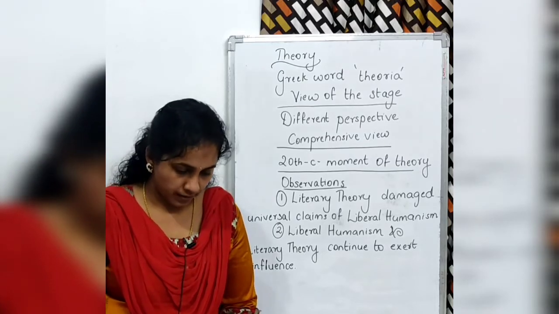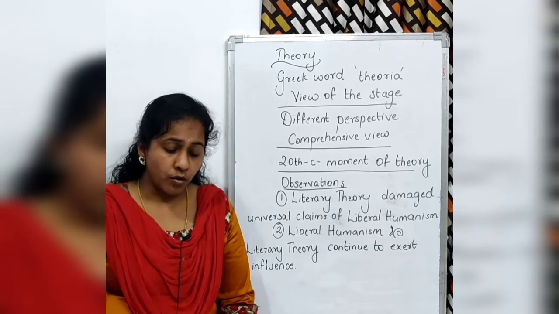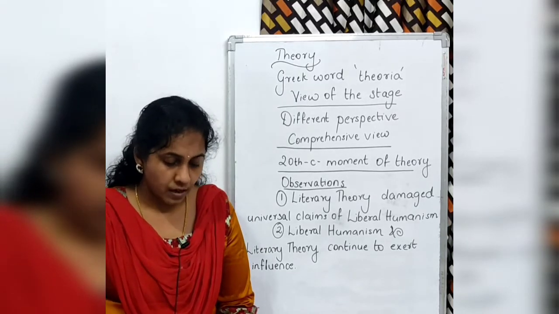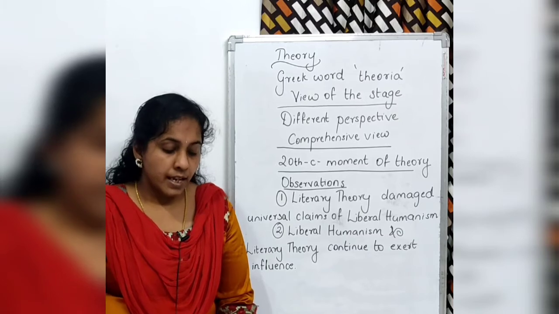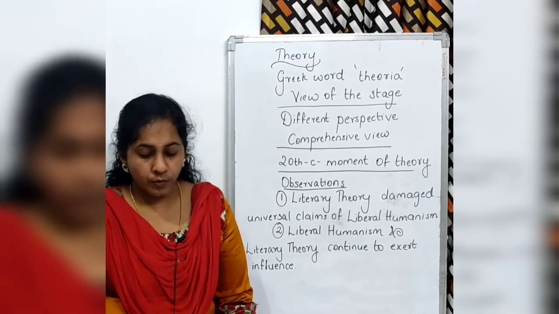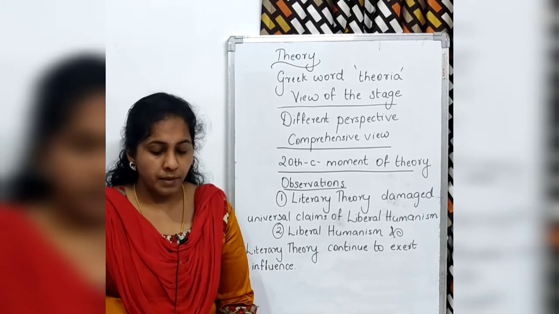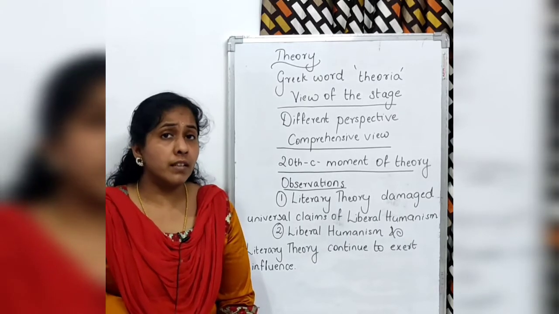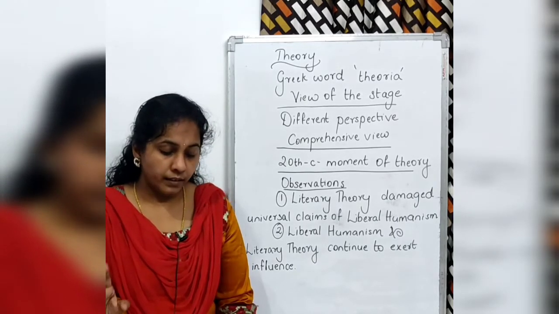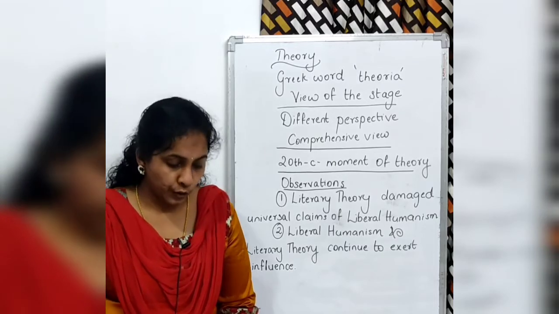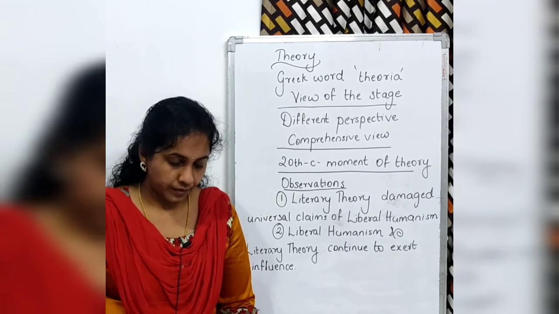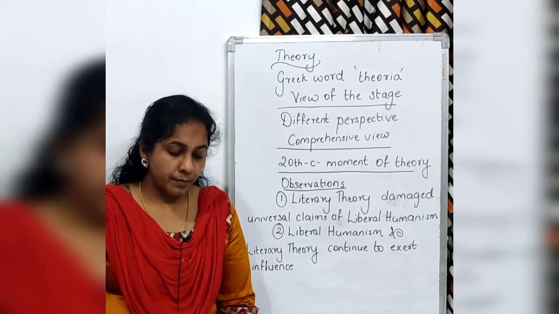These literary theories. There are two important observations based on these claims. First observation is that literary theory has damaged the universal claims of liberal humanism regarding literature, which means that both are contradictory.